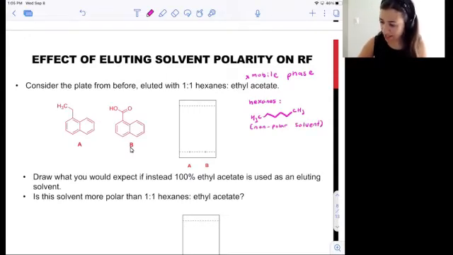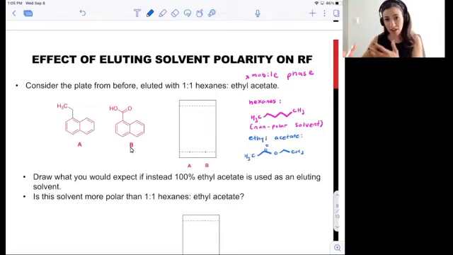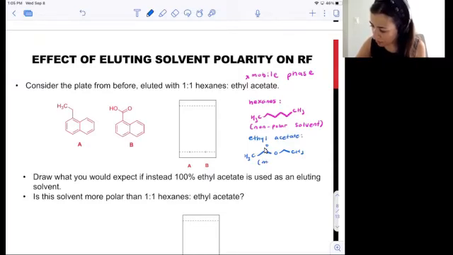And ethyl acetate, which we'll show in blue here, contains the functional group known as the ester. And you can see that because we have begun to place oxygen into the molecule, and we have this carbon-oxygen pi bond, this molecule is more polar than hexanes. So this is a slightly more polar component of our solvent.